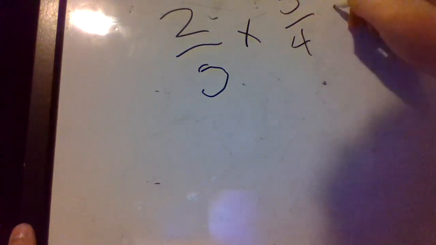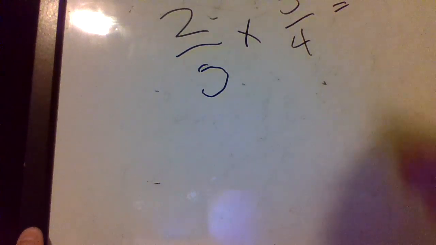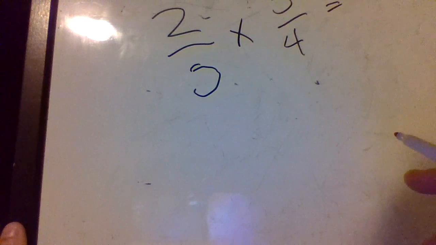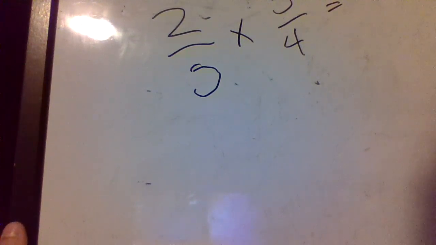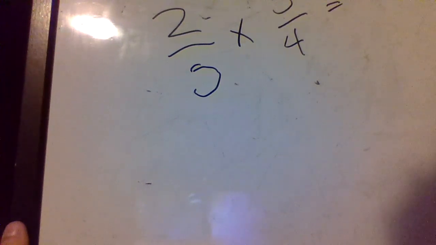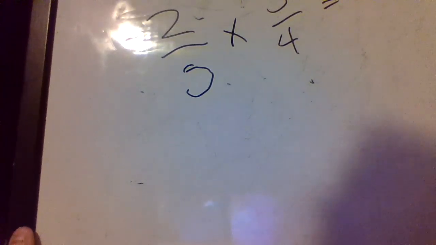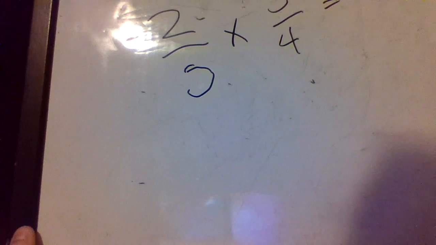Now, pay attention. You're going to love this. So, with multiplication, you don't have to find a CD or a common denominator. With multiplication, all you have to do is simply multiply straight across.